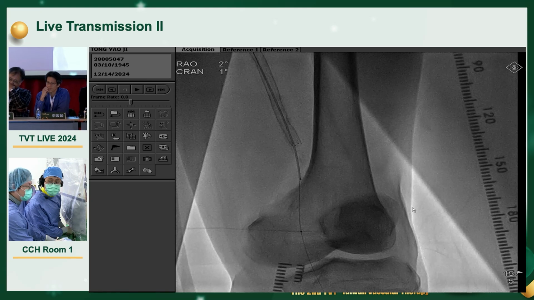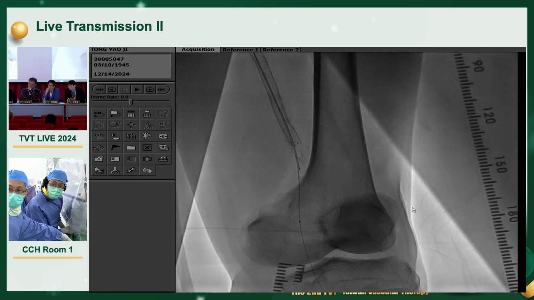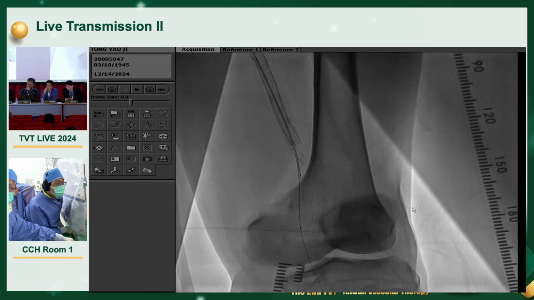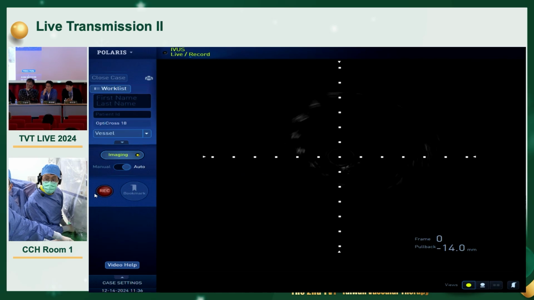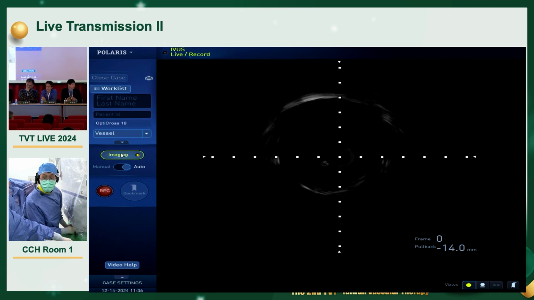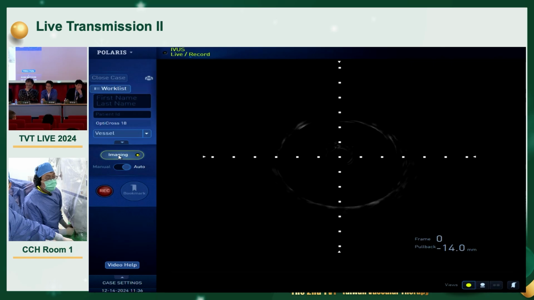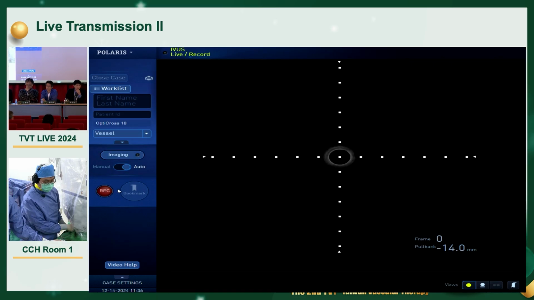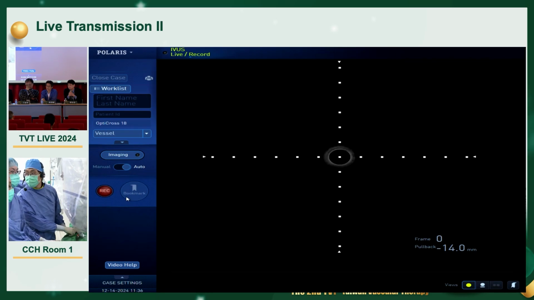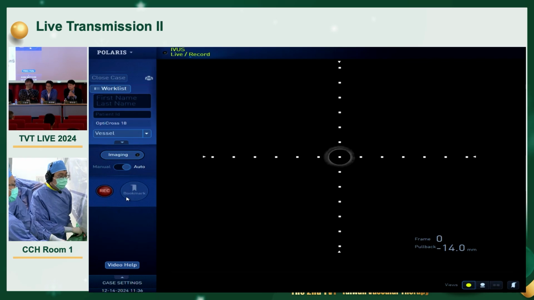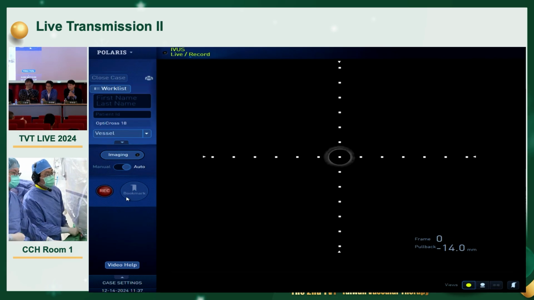We prepared the angio last year. So today we will be wiring first, then small balloon dilatation, then IVUS guidance.